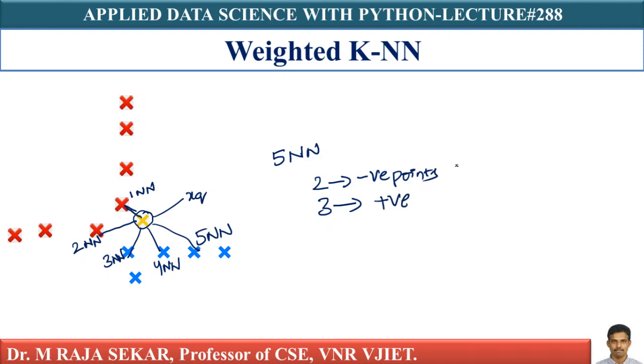Therefore, according to majority voting, 3 is greater than 2, so I can say yq is positive. That's how we determine it in the simple K nearest neighbor algorithm.